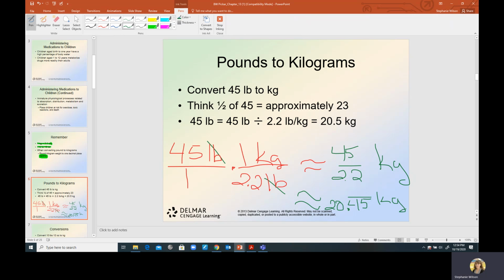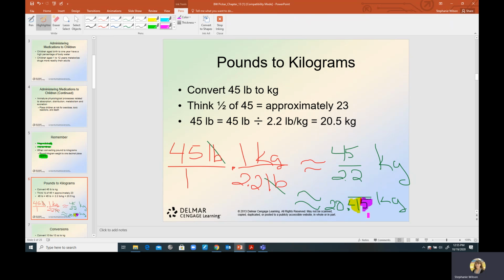So I asked you to round to the nearest tenths. The tenths is the first decimal place right here. And we are asking to round a patient's weight. So we have to look at the number behind it. And we ask ourselves, the number behind the tenths, is it equal to or greater than 5?